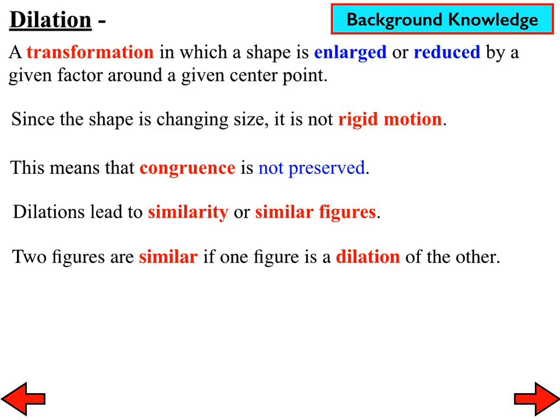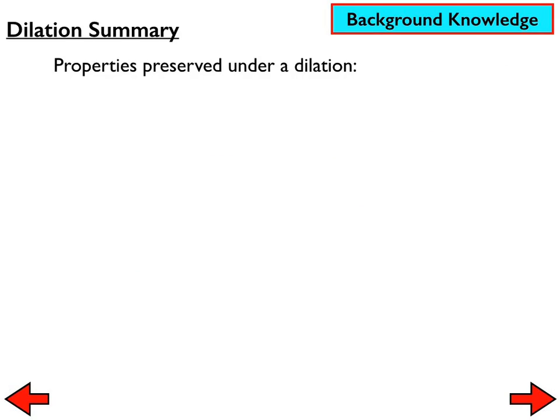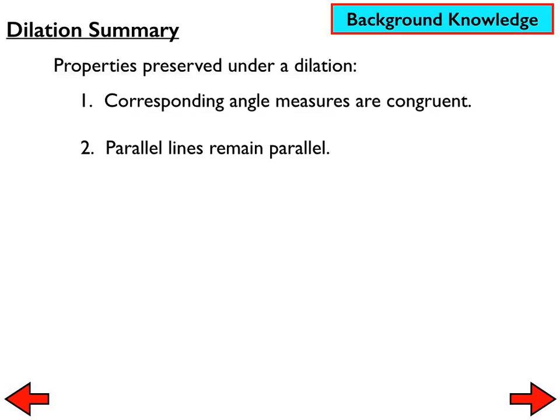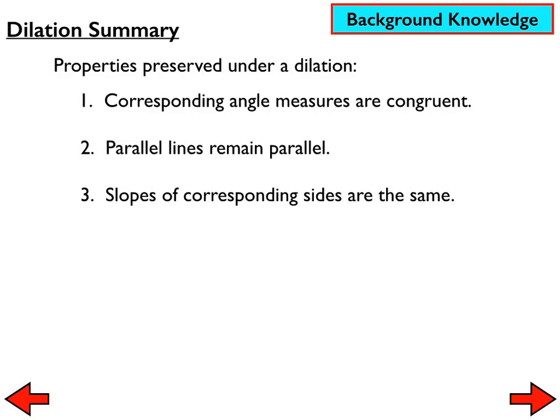And last year, you talked about similar figures in detail. Two figures are similar if one is a dilation of the other. And this helped you determine some of those first problems in the homework last night. And so now we're going to add on a little bit to that. We talked about yesterday also that when we have a dilation, corresponding angles are congruent, parallel lines remain parallel.